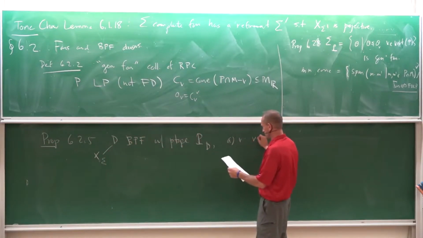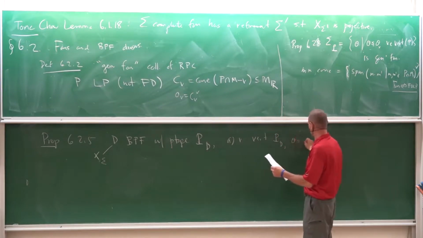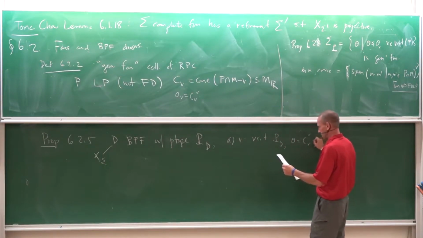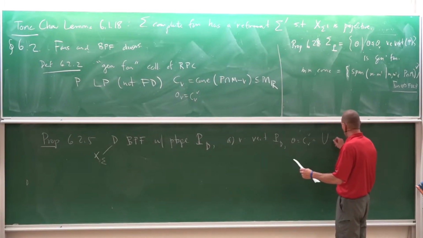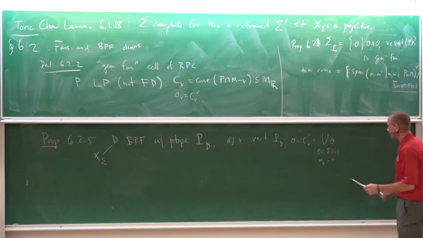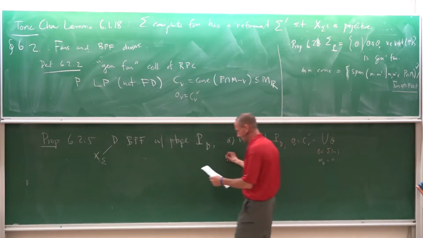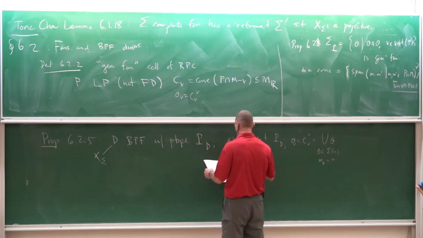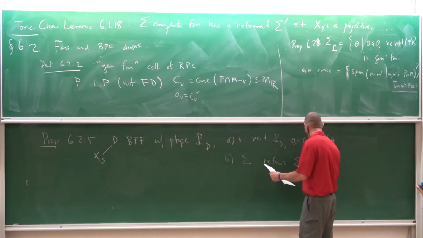If E is a vertex of P sub D, and sigma equals C sub V check, sigma element of sigma n, M sigma equals V. This is a description of my sigma sub V's, and B, this is the point really, sigma refines sigma of P of D.